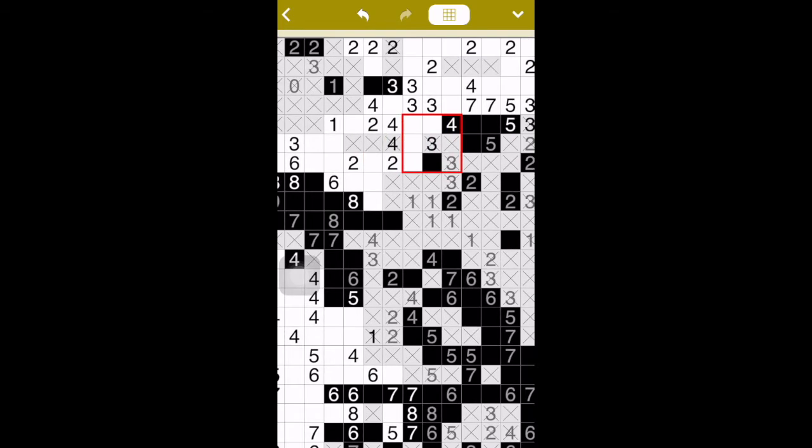Here. So look at the 3. I could have only one more black space in the remaining one of the 4 spaces. Now looking at the 4 and the 2, difference of 2, I need to have at least 2 black spaces. But I could have only 2 black spaces, because I could have only one black space in one of the 2 spaces here because of the 3.